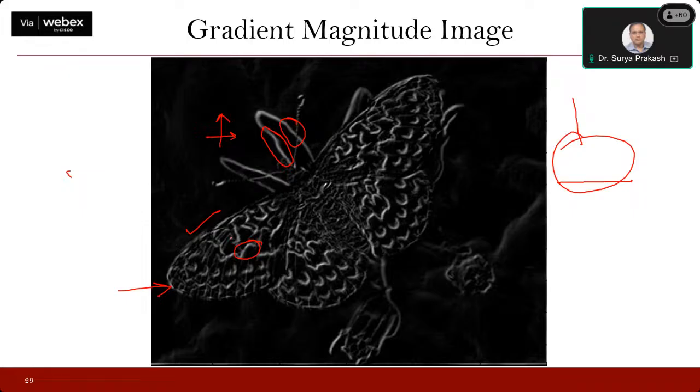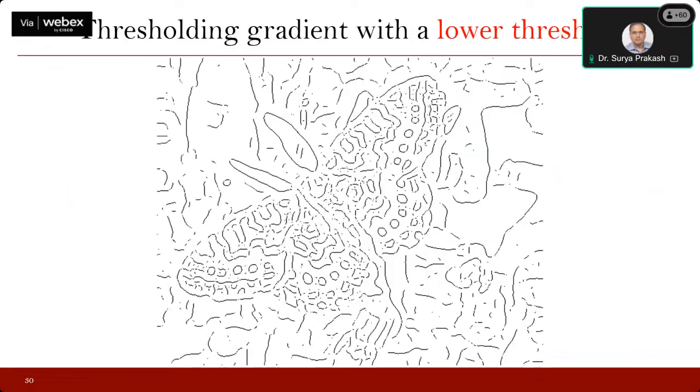So if you want to find out what are the pixels where the edges are there, then you can simply take this image and then do the threshold, right? Because all these white pixels that you see here, they are representing the edges. So if you just take this image and do the thresholding, then it will highlight only those places where the intensity is more than a particular threshold. So this gives us the edge image, right?